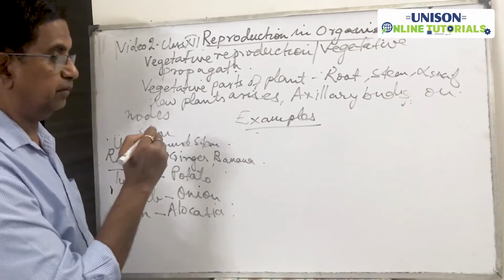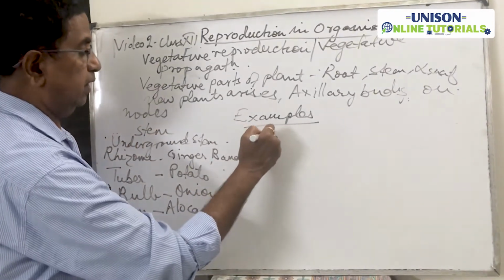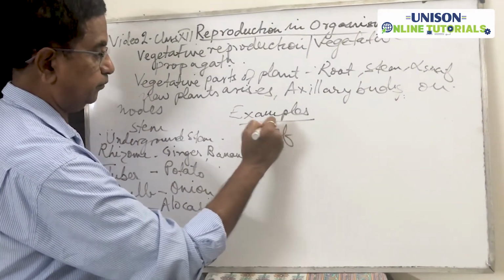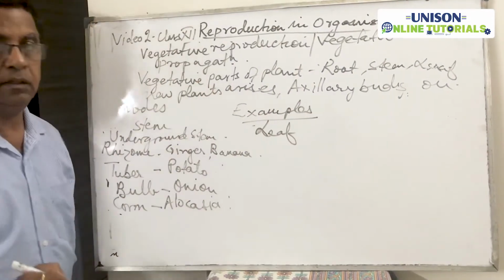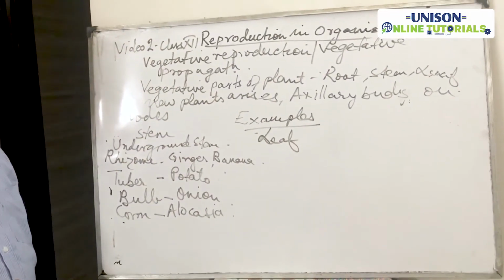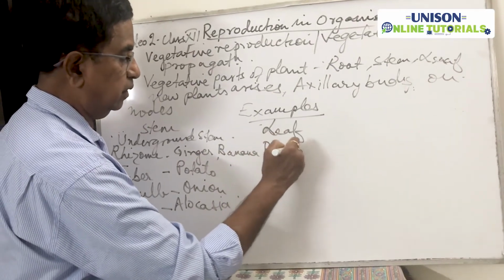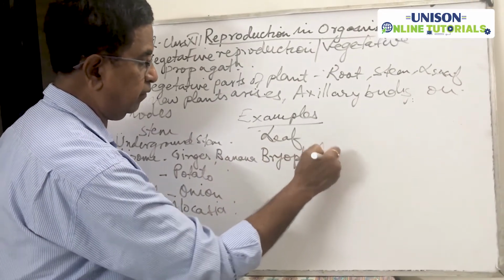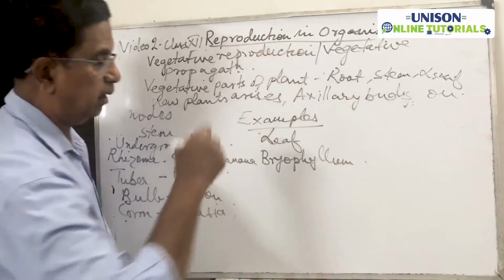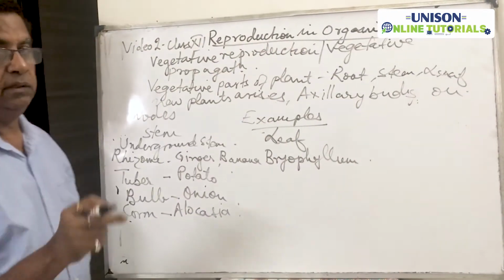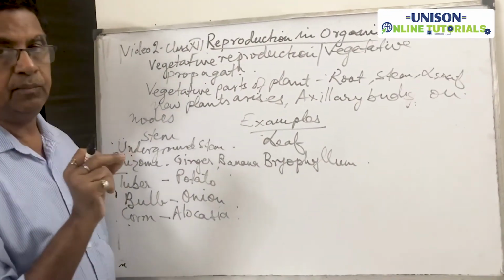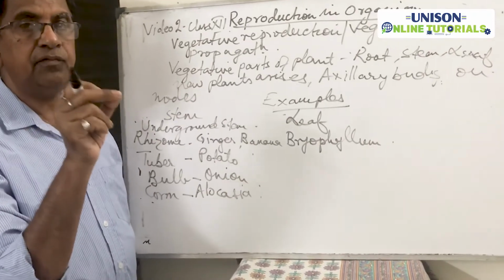The next example we'll take is of leaf. We have studied in junior classes that the leaf of the bryophyllum plant has axillary buds on the leaf margin.